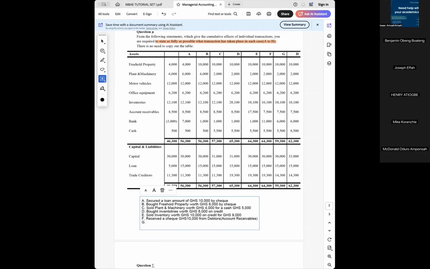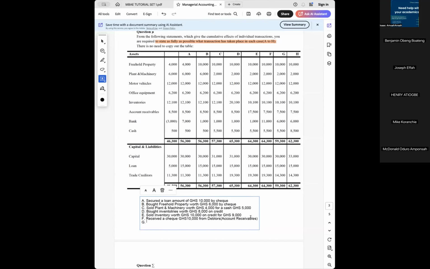So when you look at F and J, you see under bank, there's a reduction of 5,000 from 11,000 to 6,000. Okay. So the effect is under capital liabilities. You see under trade creditors, there's a reduction from 19,300 to 14,300, which is also 5,000.